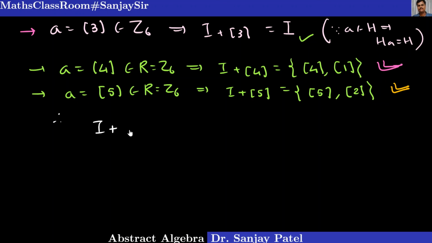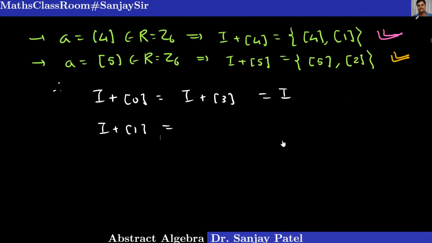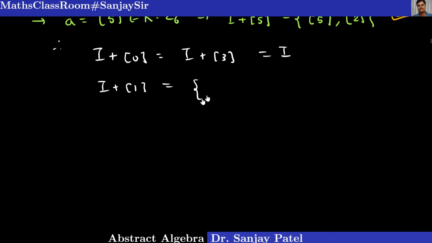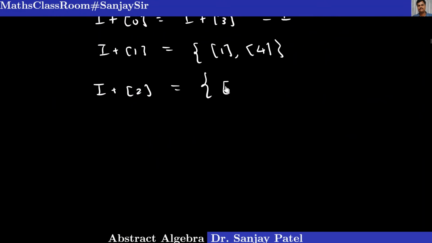we have I plus class 0 is equal to I plus class 3 is equal to I. Then I plus class 1. We have found that I plus class 1 is the set containing class 1 and class 4. Then I plus class 2 is the set containing class 2 and class 5, that is also distinct.